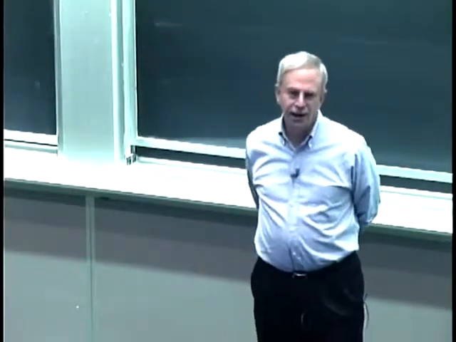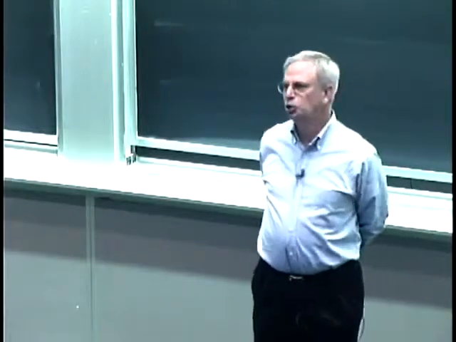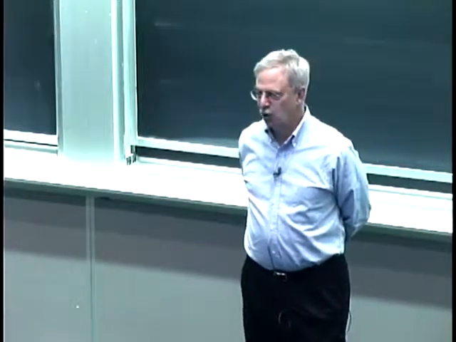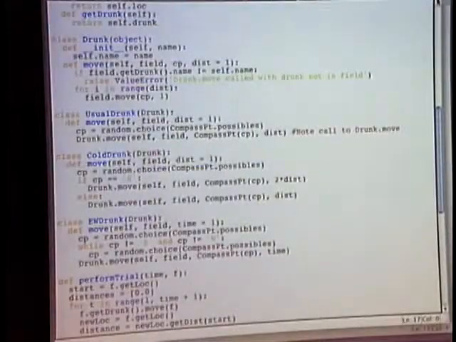Now I'm going to have the class usual drunk. That's the drunk we looked at last time. And this usual drunk will behave just like the drunk we looked at last time. In here, I'm going to override the move method of the inherited superclass.